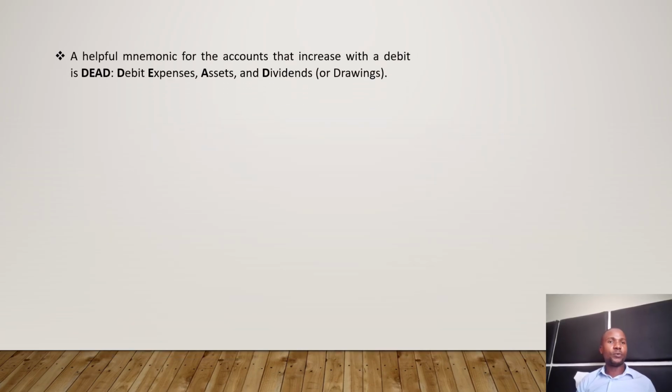For those of you who are good at abbreviations, you can use DEAD for those accounts that increase with a debit entry: debit expenses, assets, and dividends or drawings. That will help you to remember the rules. So always remember the rules. That's very important.